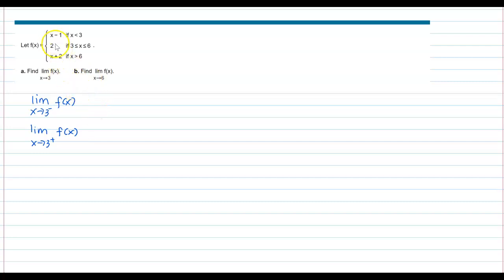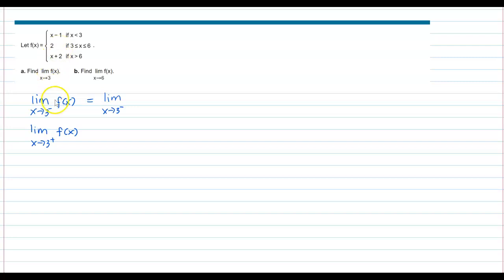Let's take a look at the first one. The limit of f of x as x approaches 3 from the left. From the left means x is less than 3. If x is less than 3, the definition of f of x is x minus 1.